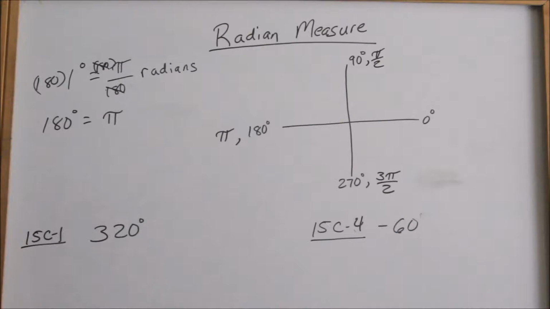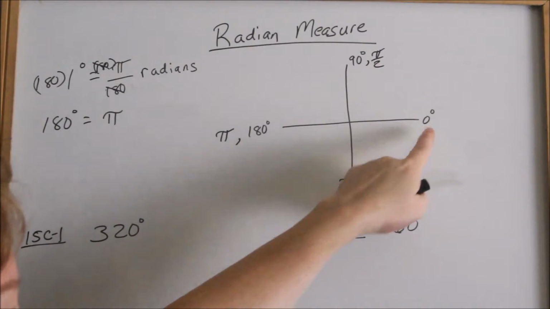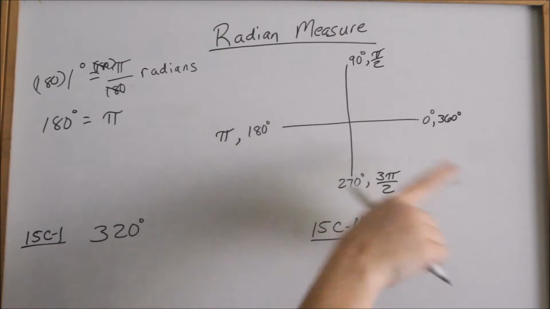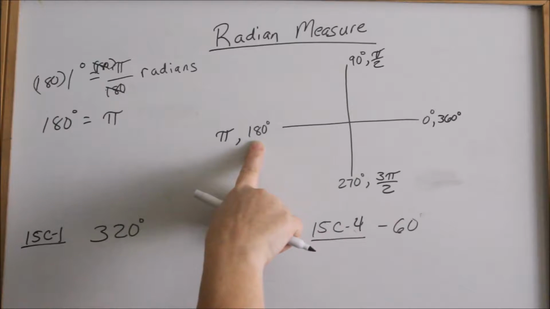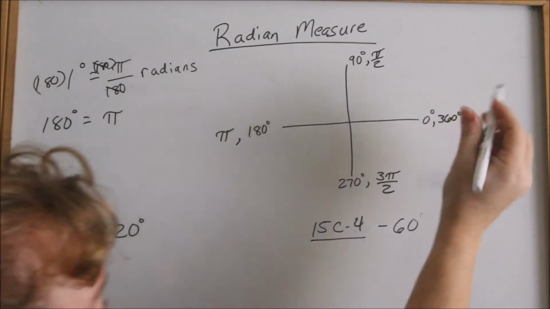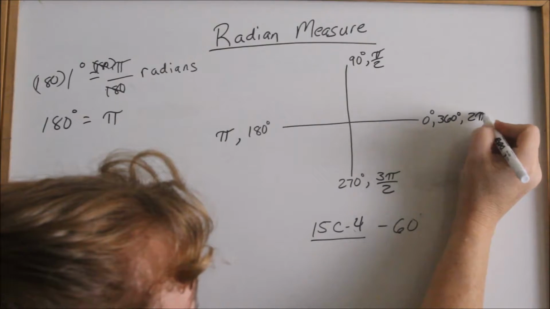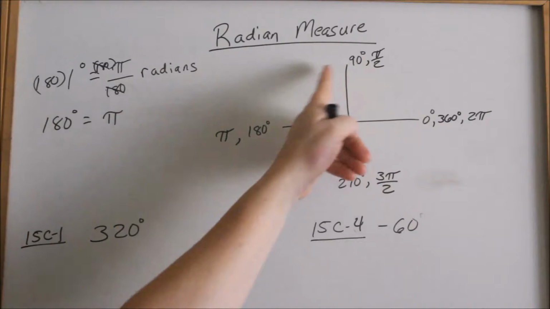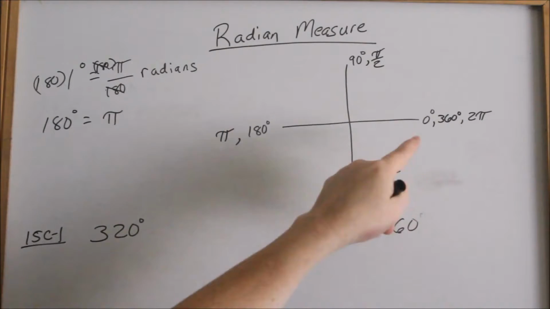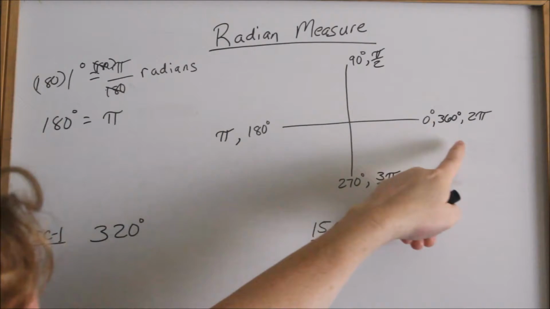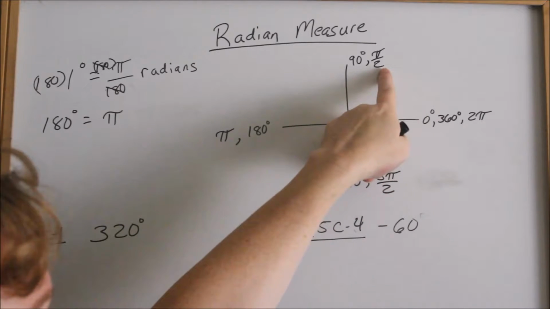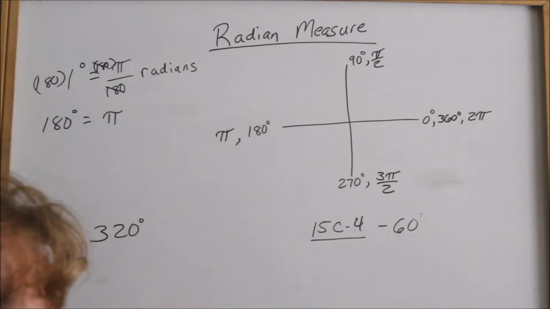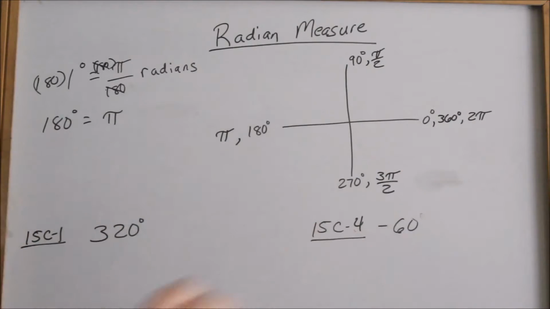This is also 0 degrees, the same thing as 360. 360 is 2 times 180, or 2 times pi in radians. So your basic 0, 90, 180, 270 in radians is 0, pi over 2, pi, 3 pi over 2, 2 pi, with 2 pi being the same as 360.